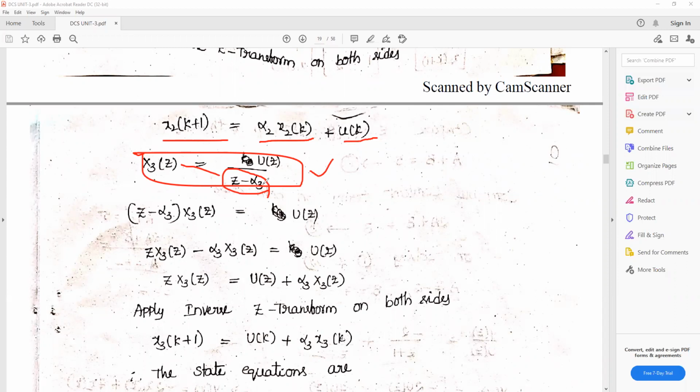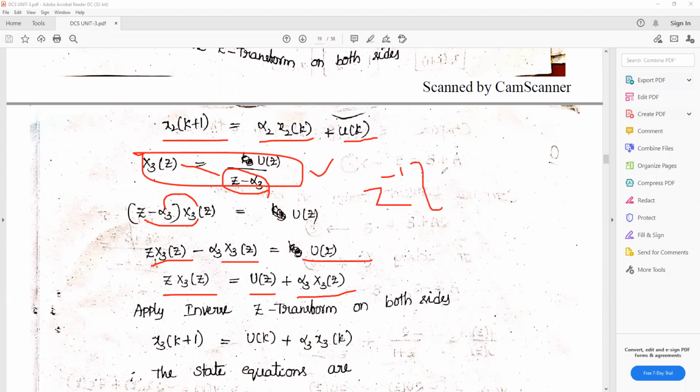So z into x3 of z minus alpha 3 into x3 of z is equal to u of z. So z into x3 of z is equal to u of z plus alpha 3 into x3 of z. So apply inverse z transform.